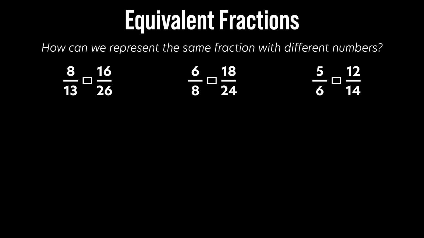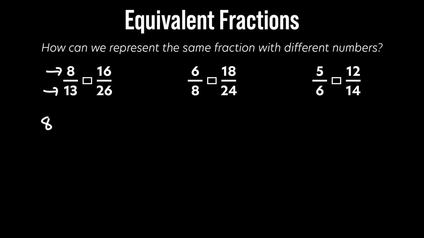All right, let's try some examples now. What we want to figure out is if all these 3 examples are equivalent fractions. So let's take the first example here. What you might notice is that 8 here is half of 16, and 13 is half of 26.